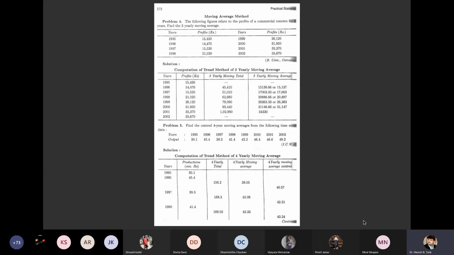Then make another column named 3 yearly moving total.